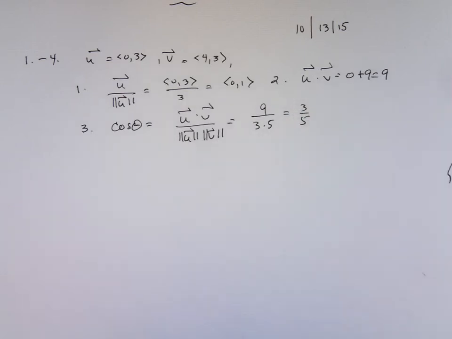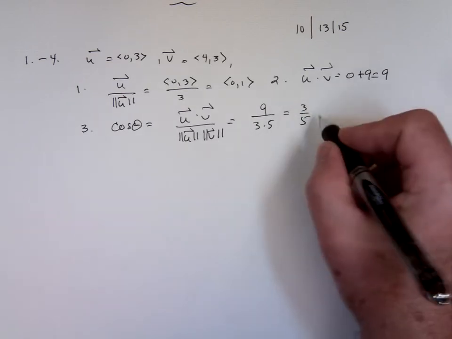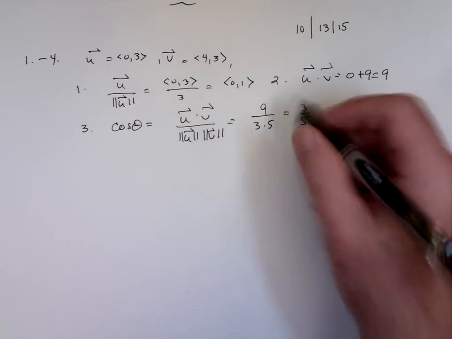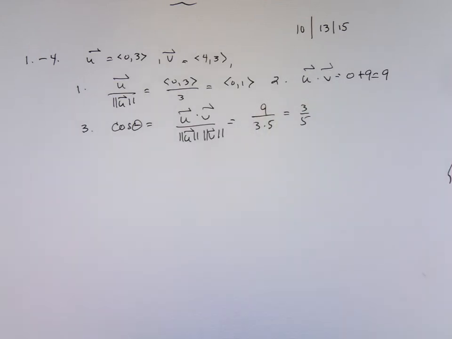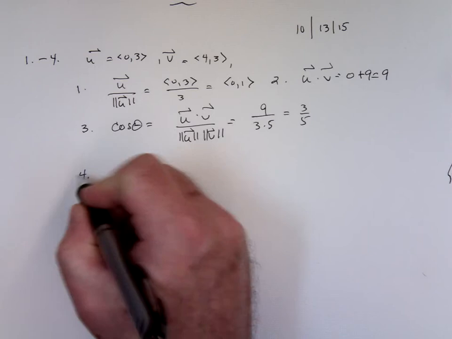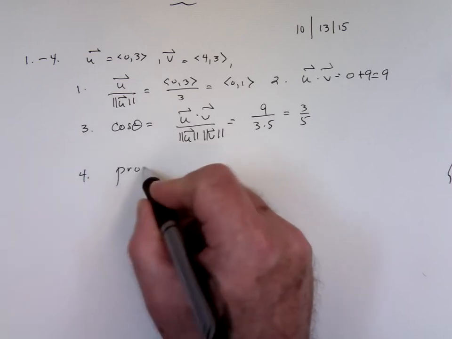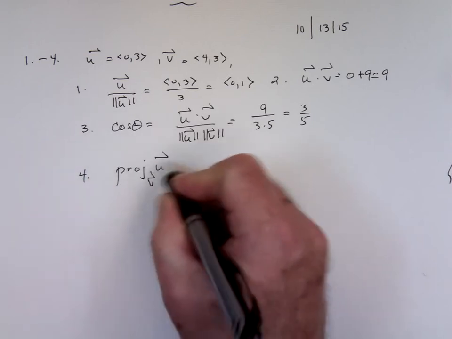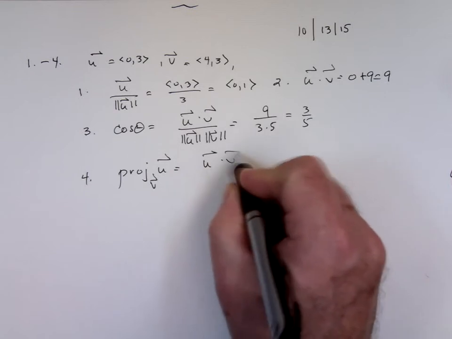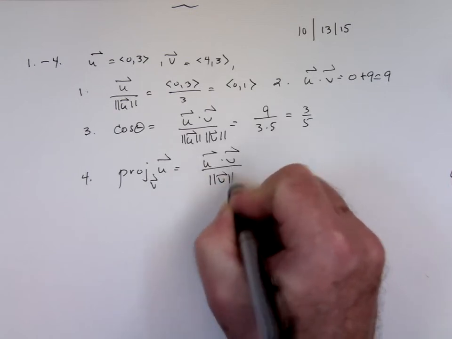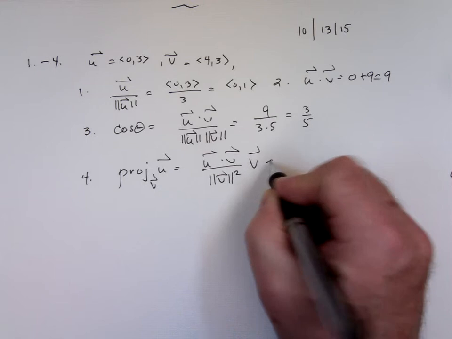No, see, I didn't even simplify it. It's 9/15 here. I didn't even simplify it. Okay, which is kind of poor on my part, really, but there you go. Number 4, projection of u on v, dot product over magnitude of v squared times v, one way of doing it.